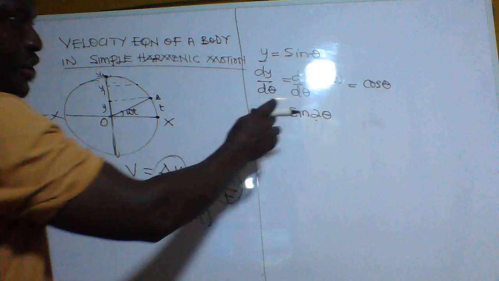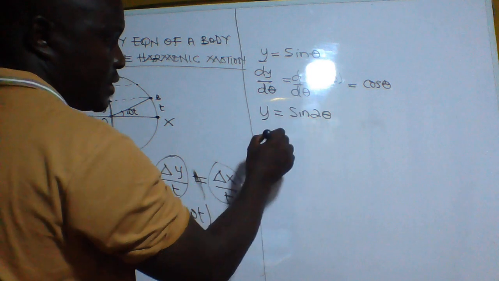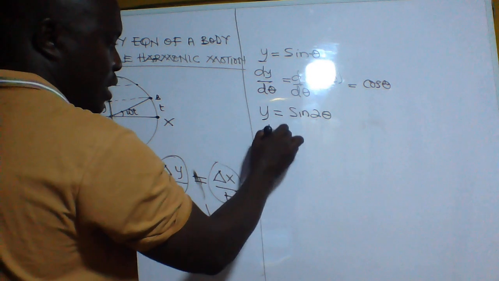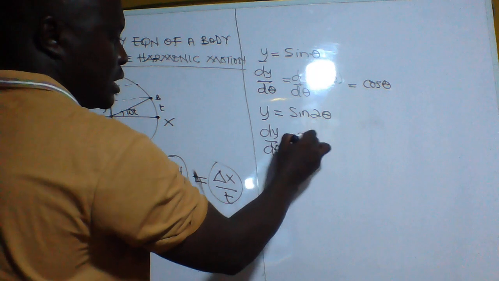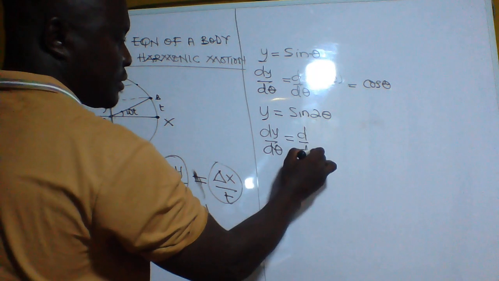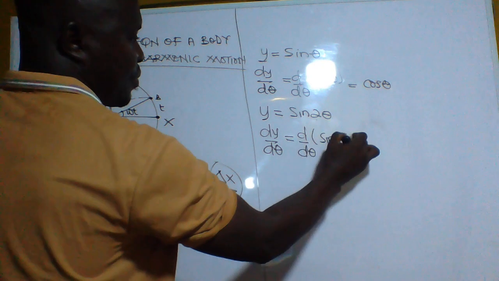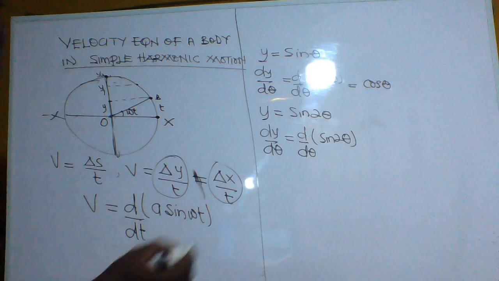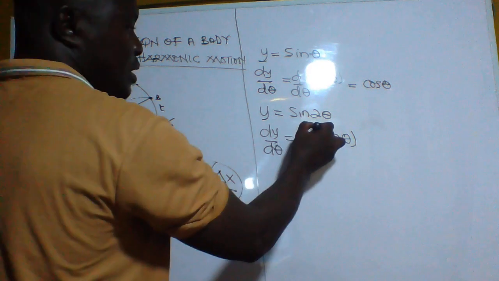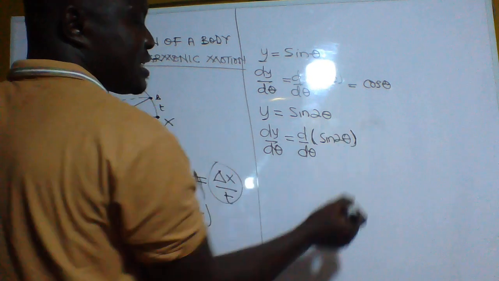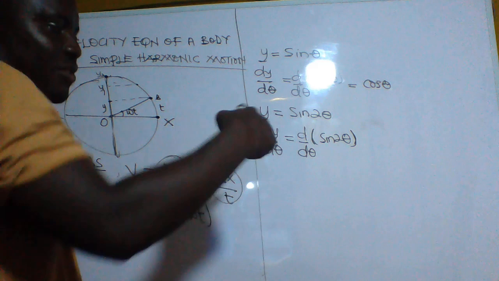The differential of a trig function of this nature, dy on d theta, will be equal to the differential of this. But take note, because this has a coefficient, what we have within the bracket is a function of a function, one function in another function.